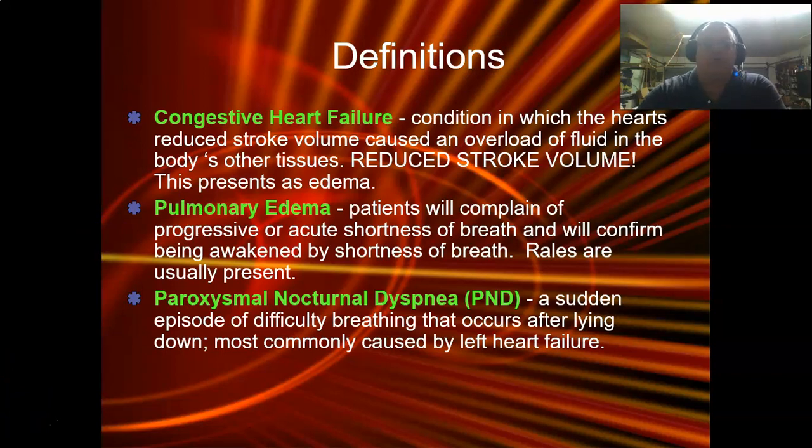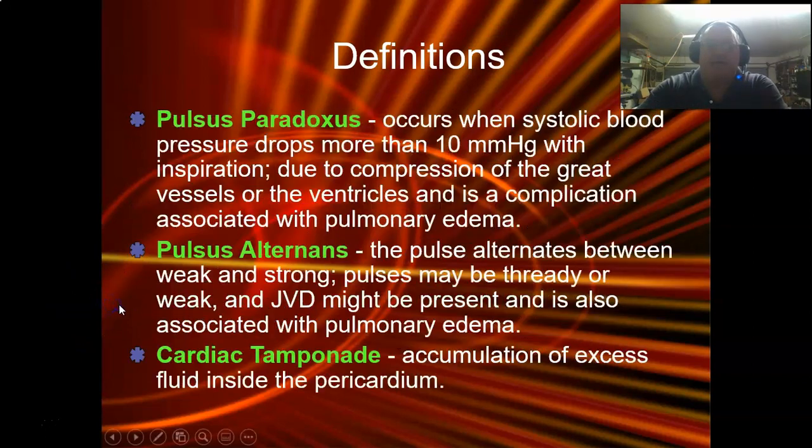Paroxysmal nocturnal dyspnea happens when they have shortness of breath as they try to lie down. It's usually because they have left-sided heart failure and the fluid backs up. It's not getting enough blood coming back into it, which causes shortness of breath when they lay down.